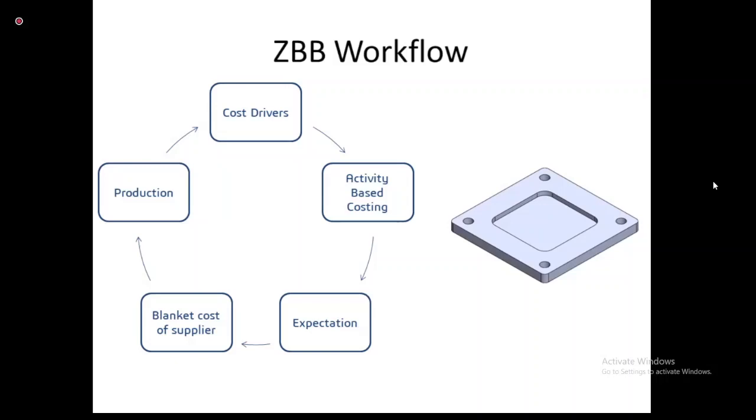For example, when this component went for inspection, we also shortlisted the expenses incurred in the inspection, like whether a CMM machine has to be used for inspecting this component, or whether we should use functional gauges. Then if this component is getting machined on the shop floor, we decided to find out the cost drivers of this component. So it is a detail-oriented nature.